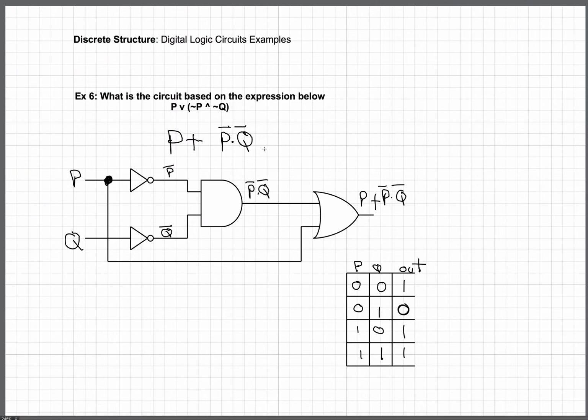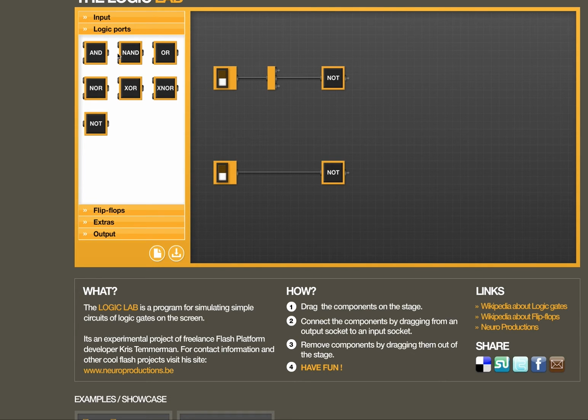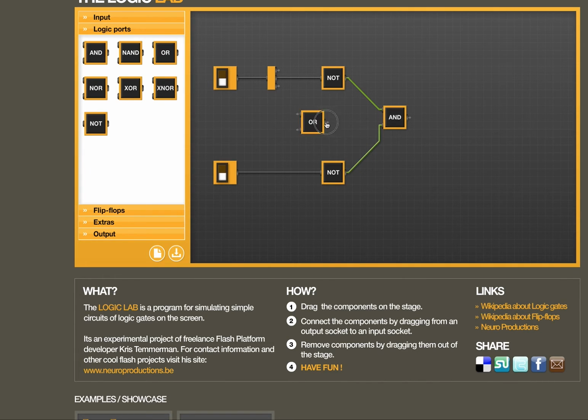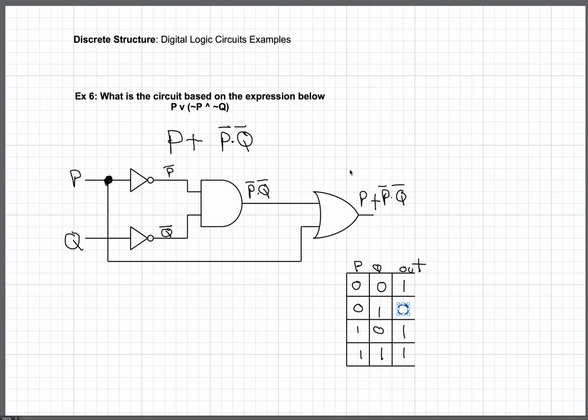Okay. All right. Now it looks like the not of P and the not of Q go into an AND gate. So I'll just simply bring an AND gate over here and bring both of those inputs into an AND gate. And then eventually that AND gate output goes into an OR gate. So I can just bring this over here. Okay, what is the other input of the OR gate?